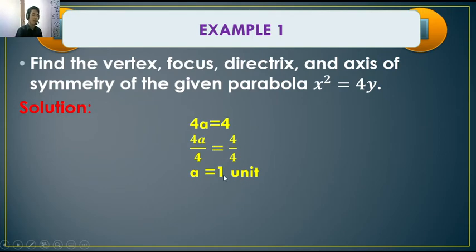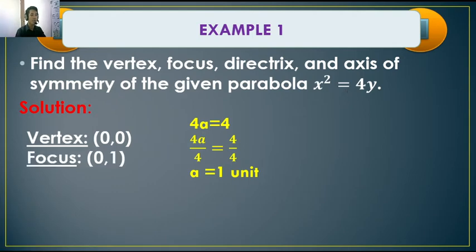So a is positive, which means the parabola opens upward. So our vertex now is (0, 0), simply because our h and k, the center, the vertex, is at the origin.